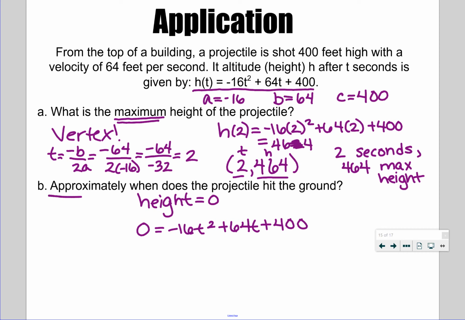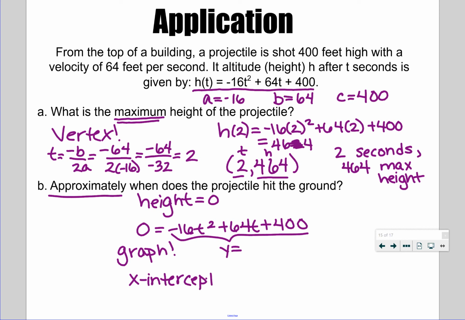Because we're just approximating here, we could do this in the graphing calculator. You could just type this equation in y equals, and when you have a y value equal to 0, you're actually calculating an x-intercept. I don't have my calculator pulled up, but I'm going to do it to the side here and give you a rough little sketch.